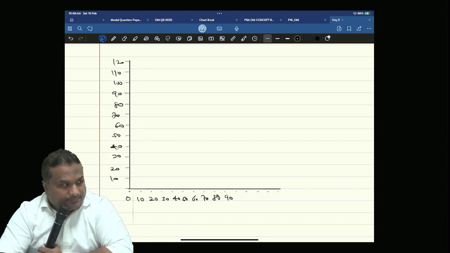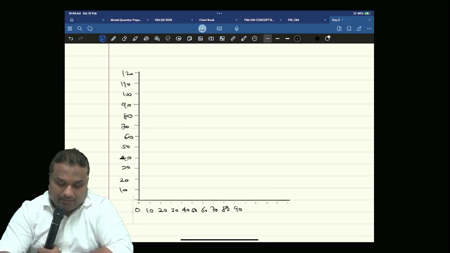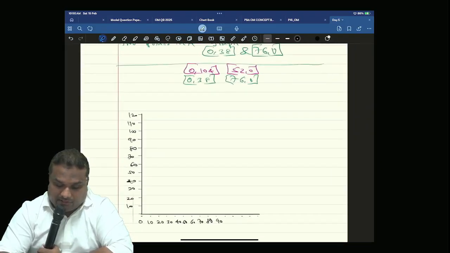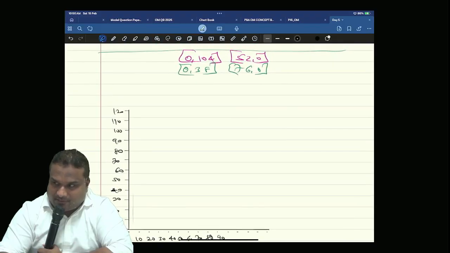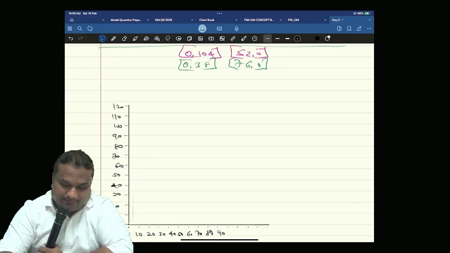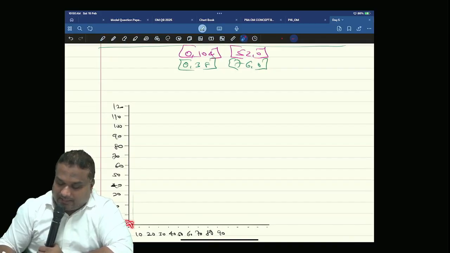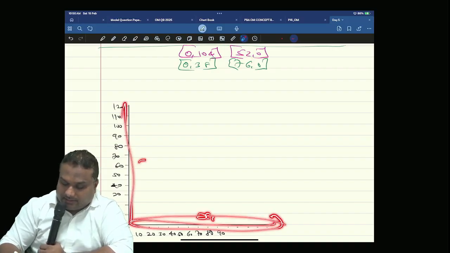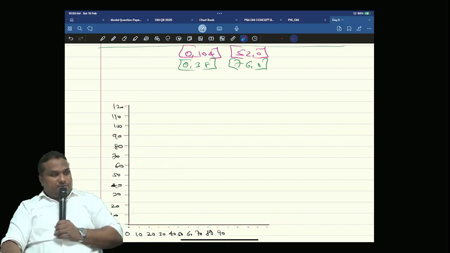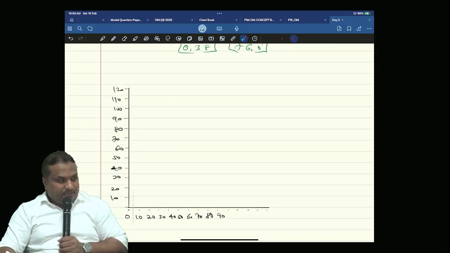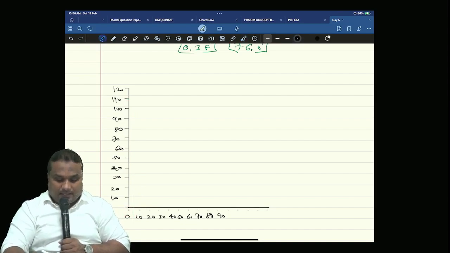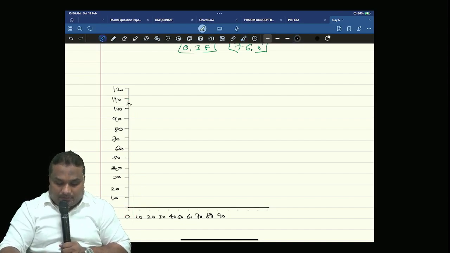Can I start? 0, 104 is the first point. This side is x1 and this side is x2. 0, 104 means in x it is 0 and in y it is 104. Here. Deal or no deal? So here is the first point.